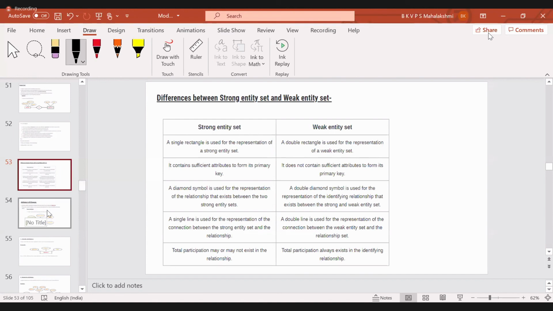Any doubts? If you have any doubt at any point, just ask me. Have you understood the first difference?